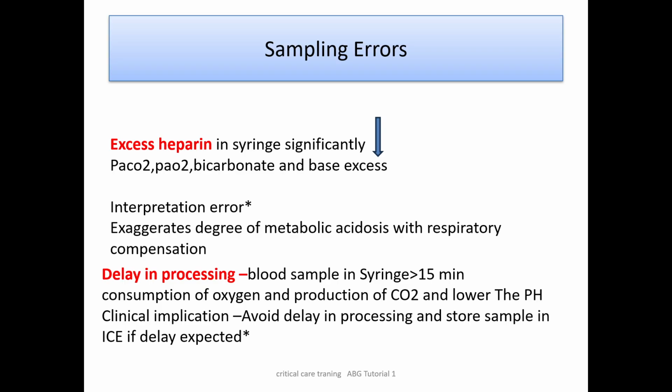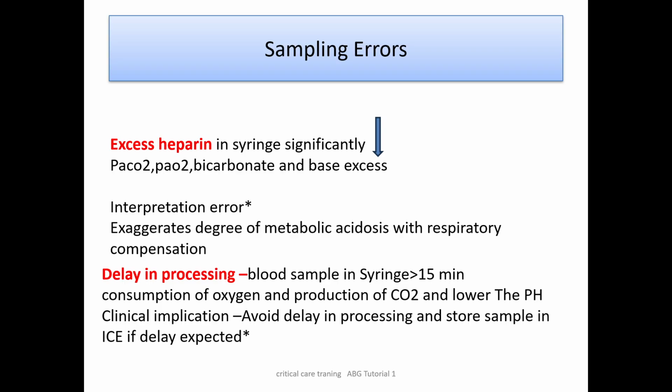So with the advent of new syringes which are already heparin coated, this error can be avoided. Second, if there is a point-of-care machine, the delay in processing can be avoided.